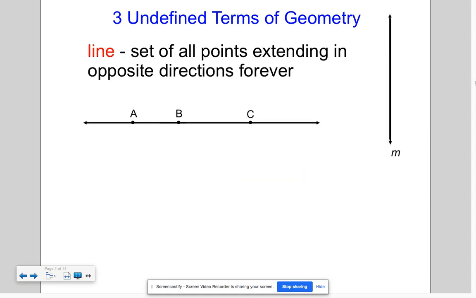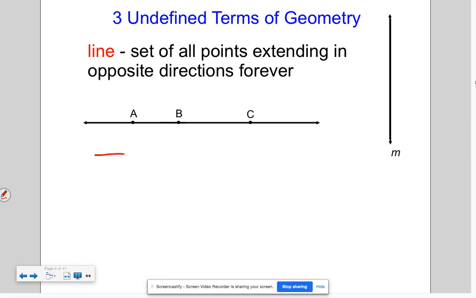A line. So now we're taking a point and extending that point in both directions to have an infinite number of points. That's a line, a set of all points extending in opposite directions forever. We have 2 lines written here. The line that we have here in the middle, where we have points A, B, and C, the way we would name that is you pick any 2 points on the line.